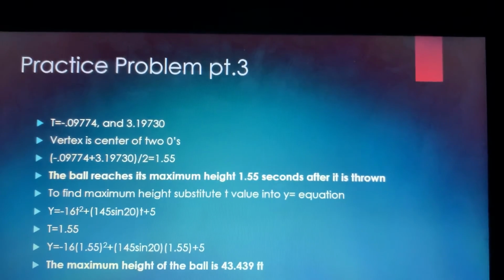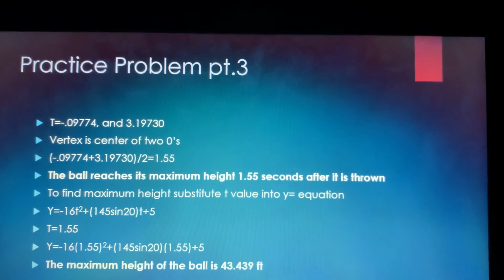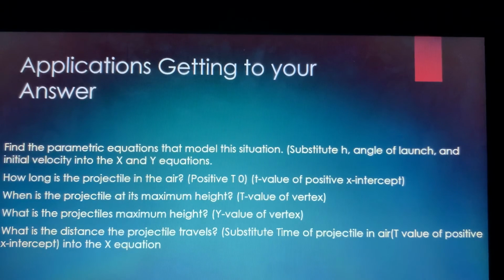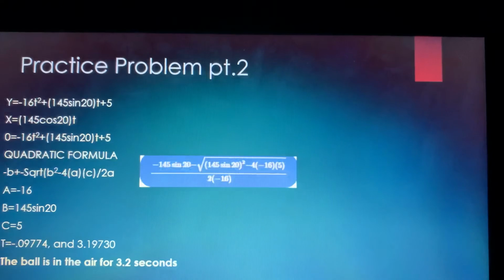We need to get the when and where, also known as the t and y values of the vertex. Because we're trying to get when it's at its maximum height, that's just how long does it take to get from the y-axis to the vertex.